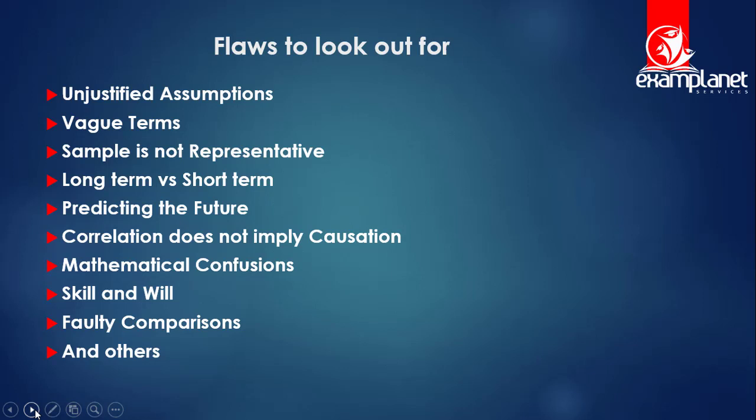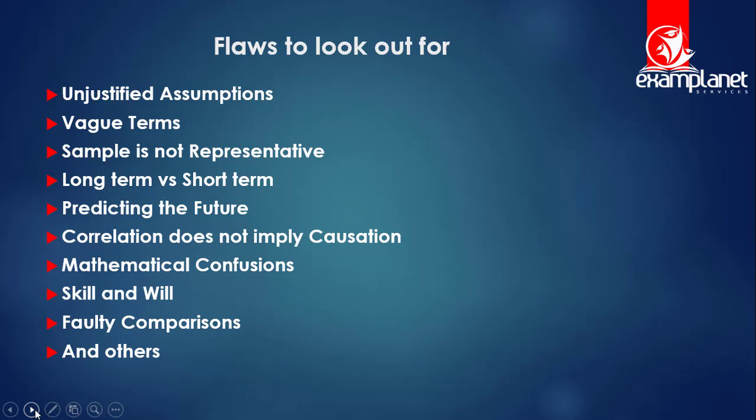Now, yeah, that could be the reason, but it doesn't always mean that. There could be some other reason why A gains and B loses. So correlation does not always imply causation.